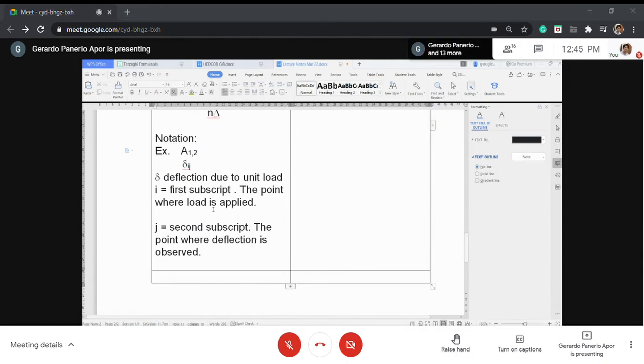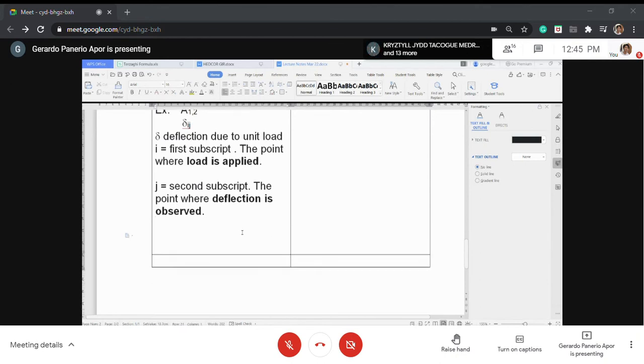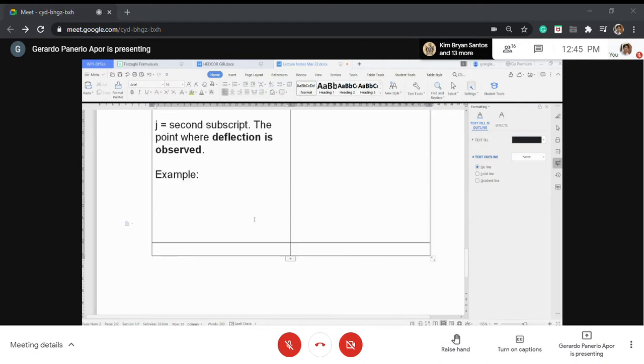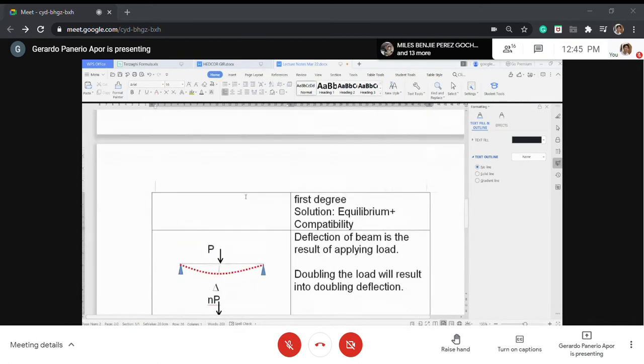So those are the two: one is where the load is applied, and the other is where the deflection is observed. So, if I have this as an example for the notation only, when the problem is solved, it should always be number 1.